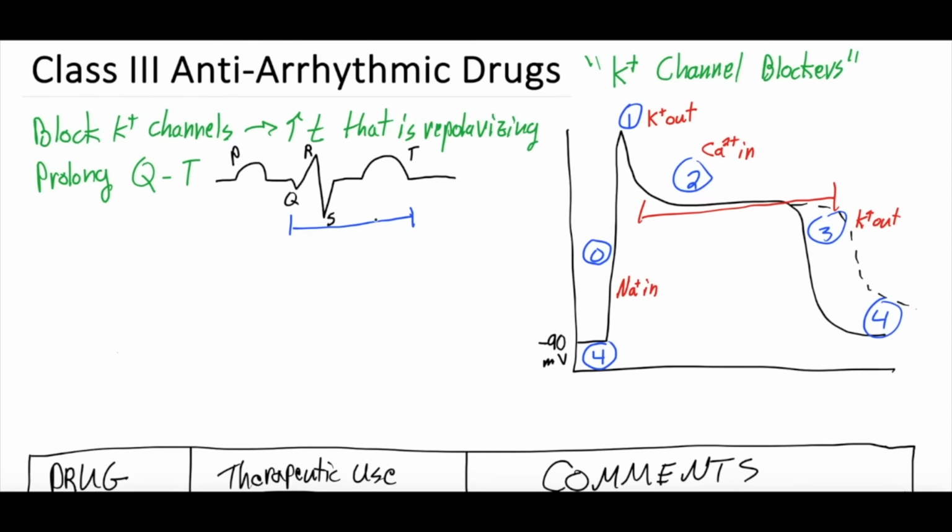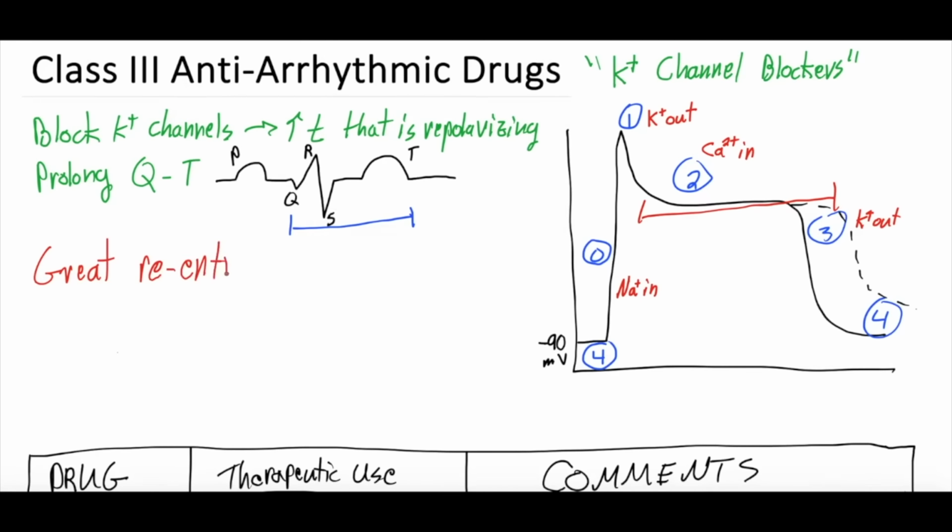The reason this is efficacious is because you can't depolarize while you are repolarizing. So by prolonging the QT and prolonging repolarization, you decrease the ability to depolarize again quickly. So potassium channel blockers are great for re-entry tachycardias.